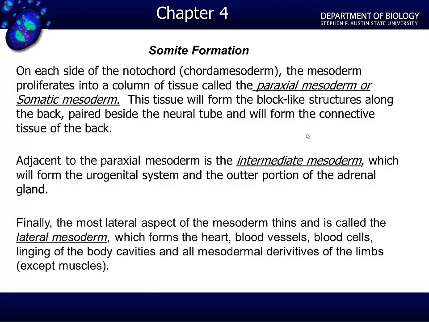Then we have the lateral most mesoderm, and this is going to form a lot of our musculature for the heart, blood vessels. We're also going to form some blood cells from this tissue as well. And then the mesoderm that's in the middle, the intermediate mesoderm, it's not a very creative name for it, but that's going to contribute to our urogenital system, portions of our adrenal gland.